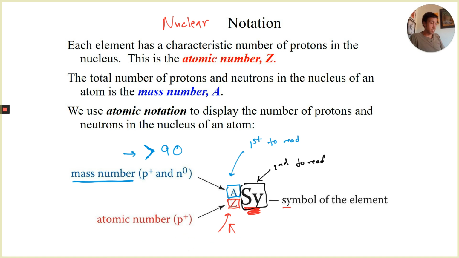So why would we want to include it then? Well, one of the reasons has to do with how we would interpret some of this information. Figuring out the number of protons is useful, quick, easy. But the number of neutrons, I have to run a calculation. I would have to subtract the number of protons from the mass number.